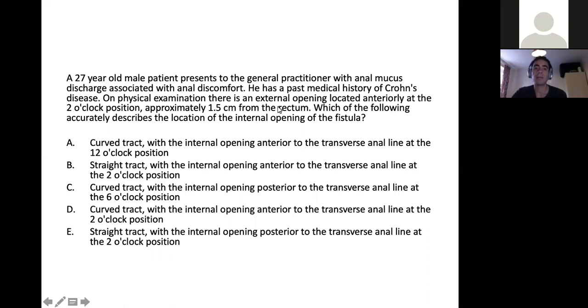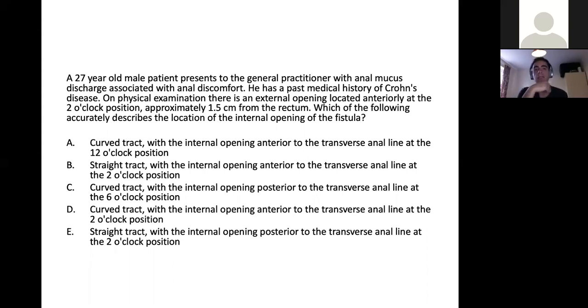They have a background of Crohn's disease, which is one of the main risk factors for developing fistulas. The key thing here to answer the question is that the external opening is anterior, and it's less than 3 centimeters from the rectum. These are the key things that will help you answer the question.